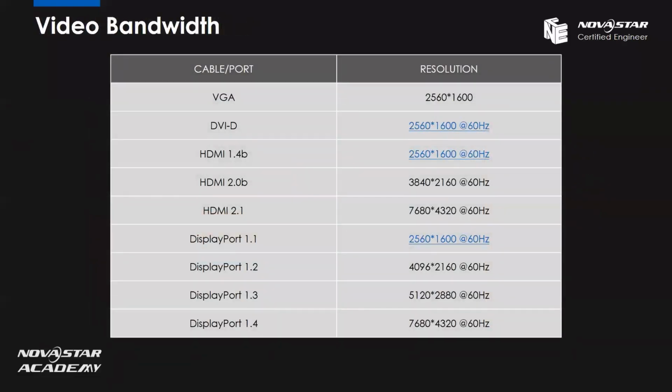Also, bandwidth is very important in the video industry. If you want to build an LED screen, the limit the control system can load depends on the lowest bandwidth of all your video signal channels. From this chart, we will show you some common standard video signal bandwidths.